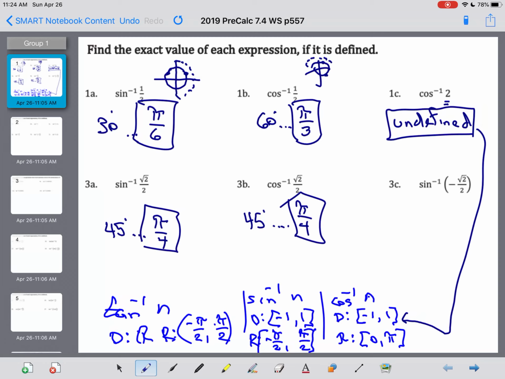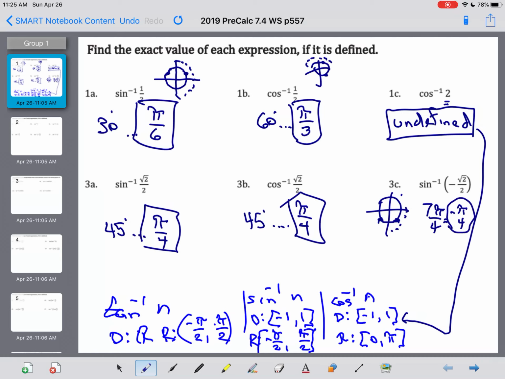Now negative root 2 over 2 is going to be either here or here, but again, the sine range goes from here to here. So I want this one here, and that is going to be 7 pi over 4. But that's actually negative pi over 4 for our best answer.